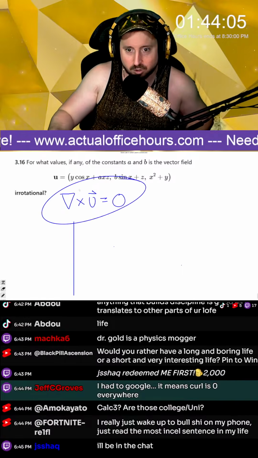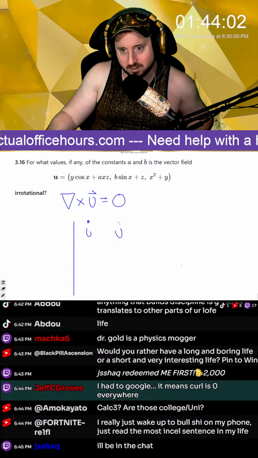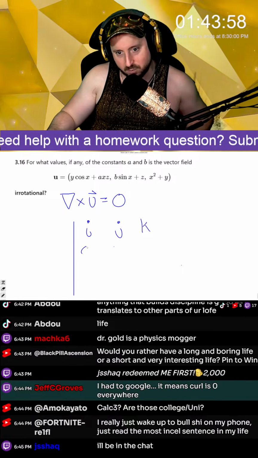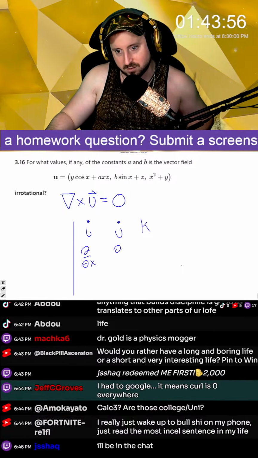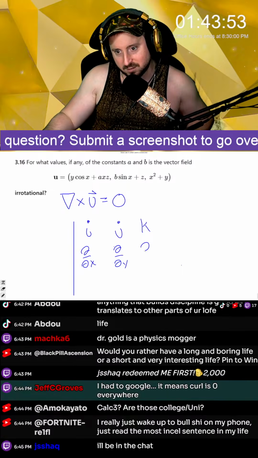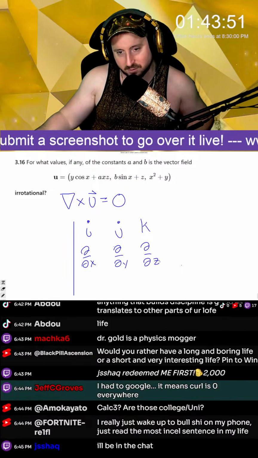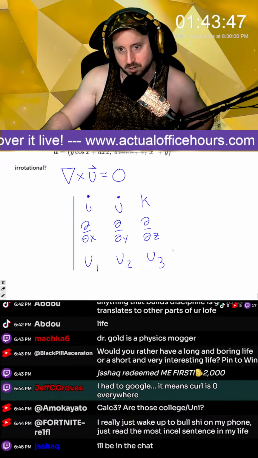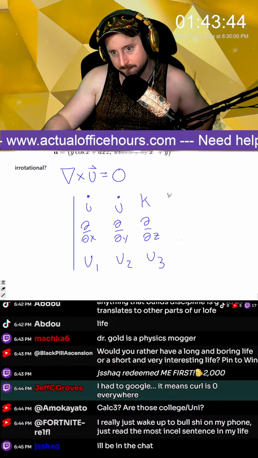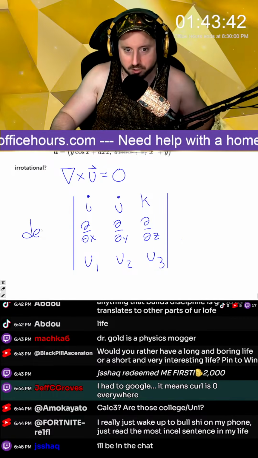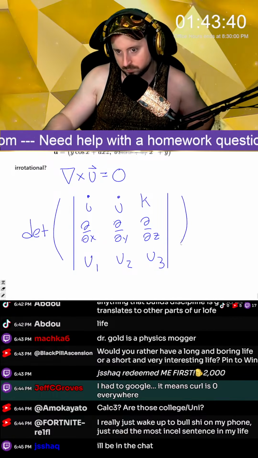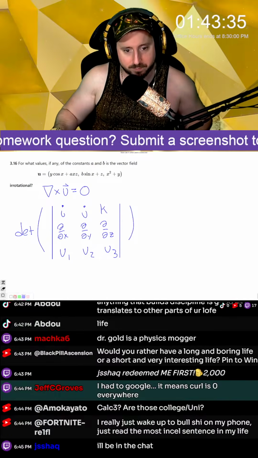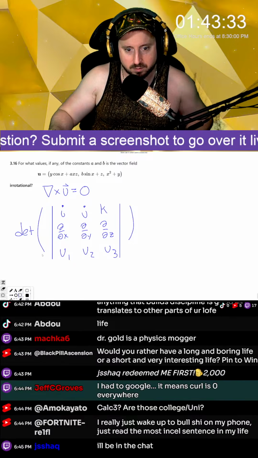Okay. Curl of U: i, j, k, then d/dx, d/dy, d/dz, and then u1, u2, u3. What we're going to do is find the determinant of this. For a 3x3, I like to use the T method.